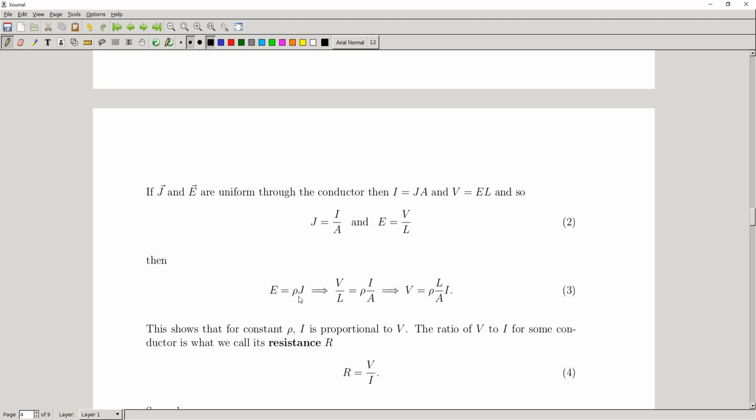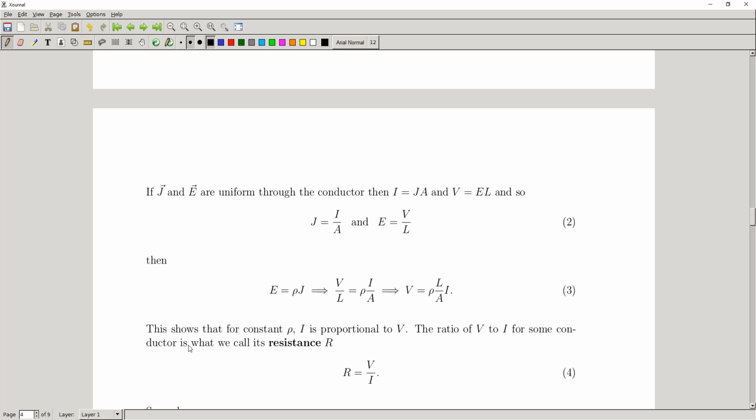Then substituting in for J, we end up with still the same rho, but our J is now I over A. Now I can rearrange this equation to solve for our potential difference V. This shows us that for constant rho, our I is proportional to V, and the constant of proportionality is this term that we have here.